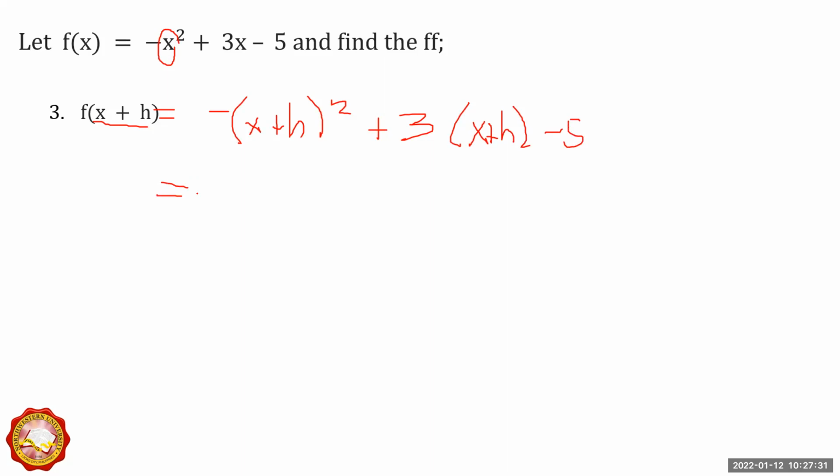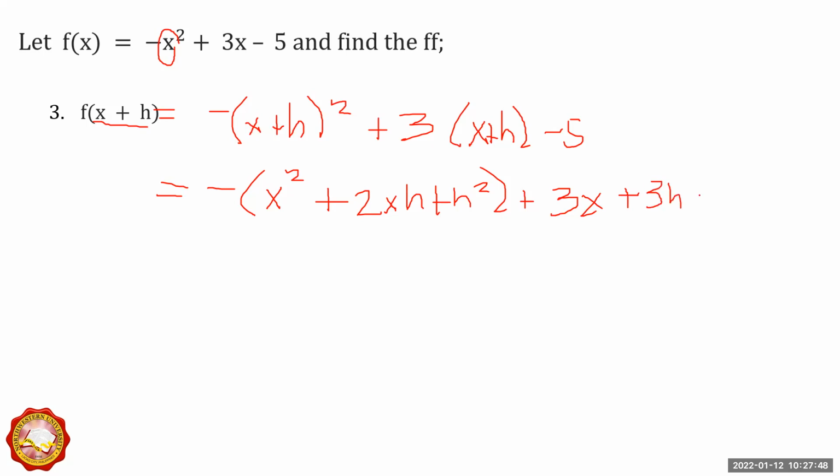So what you're just going to do here is to make sure that you're expanding the whole equation the right way. Okay?